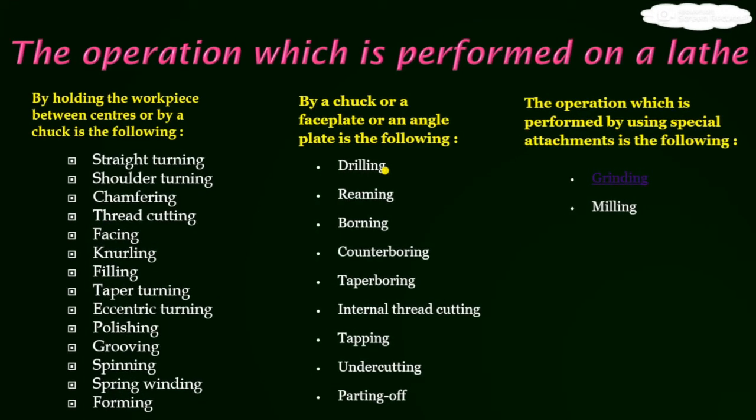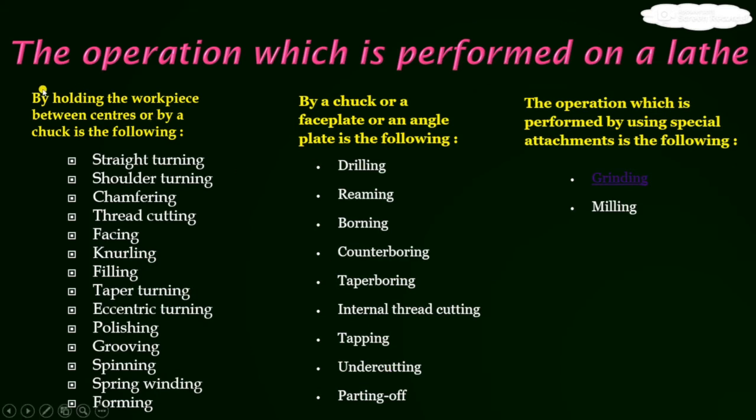And already I have told you the various types of operation that can be done in a lathe machine apart from the cylindrical job. These are the list: the straight turning, the shoulder turning, and the drilling, reaming, boring, counter boring, and so many, means almost all the machining operations can be done.